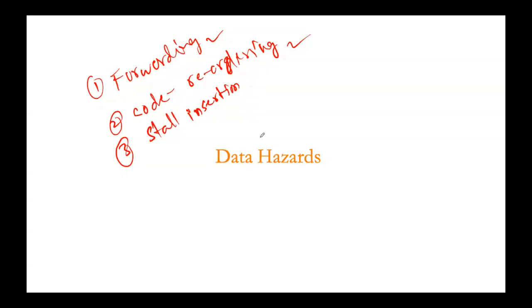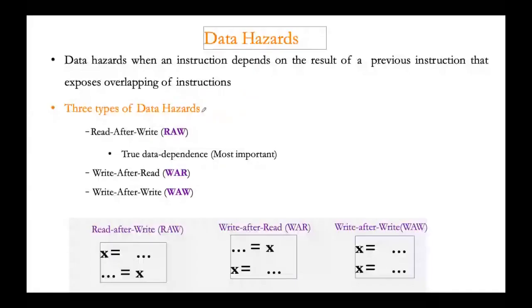As we talk about data hazards, a data hazard occurs when an instruction depends on the result of a previous instruction, which exposes overlapping of instructions. There are three types of data hazards, or data dependencies. One is read after write, or true data dependency.